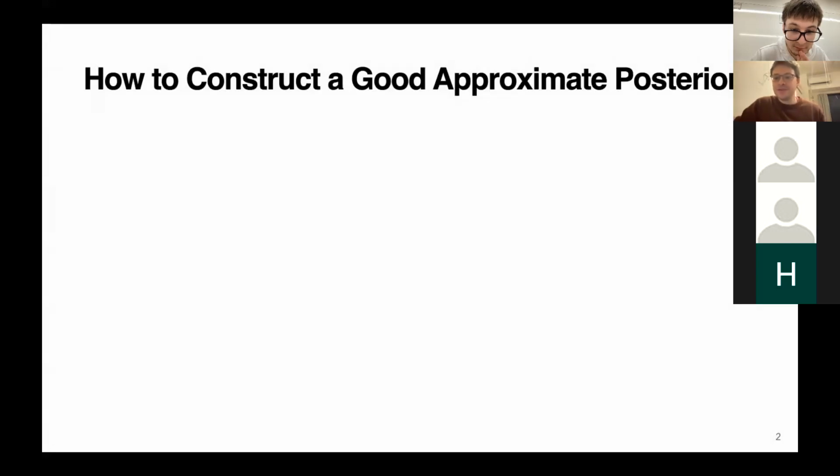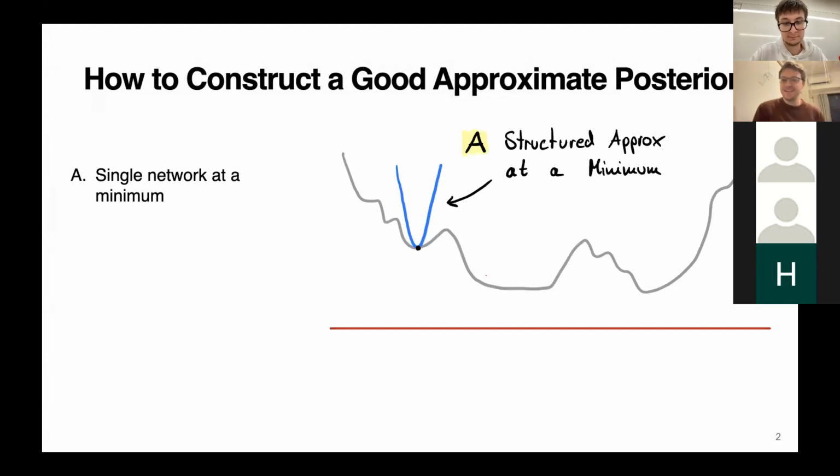Okay. Is slide 2 visible now? Yep. How to construct a good approximate posterior. It just shows the title right now. Great. Yep. Okay. So things are showing up now also. Yes. Okay, great. All right.